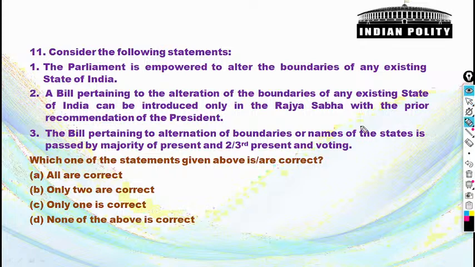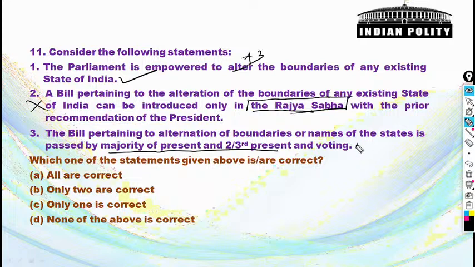As I told you, Parliament is empowered to alter under Article 3 an existing state. A bill pertaining to alteration of boundaries of an existing state can be introduced only in Rajya Sabha. Not necessarily. It can be introduced in Lok Sabha. And a bill pertaining to alteration of boundaries or names is passed by majority of present and 2/3. No, only by a majority of members present and voting.